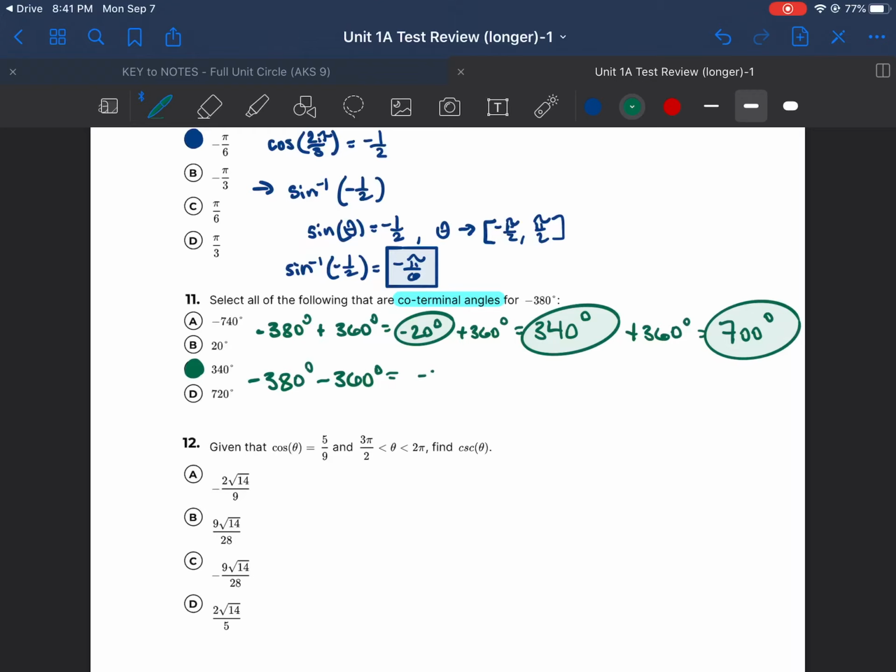That's going to give us negative 740 degrees. And I'm going to stop because notice that negative 740 degrees is right there, and none of the angles are lower than negative 740 degrees, so I don't need to continue any further than that.